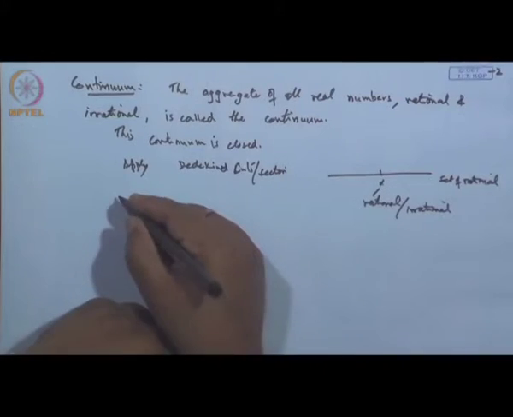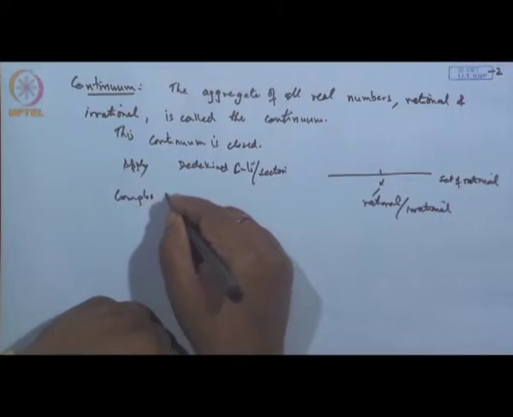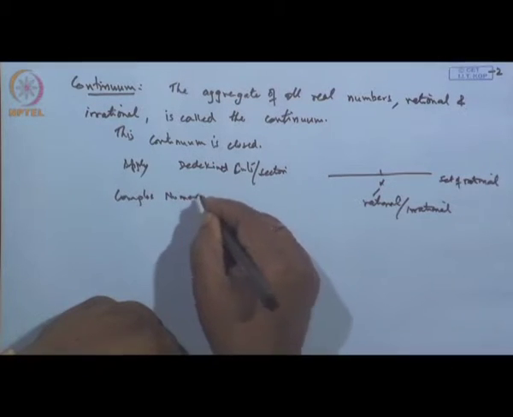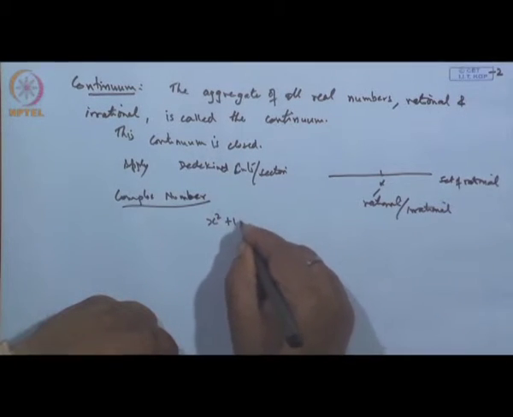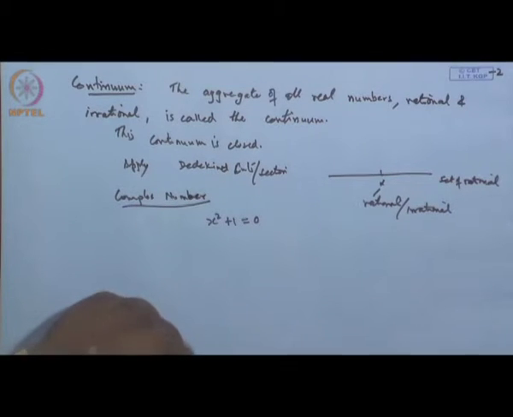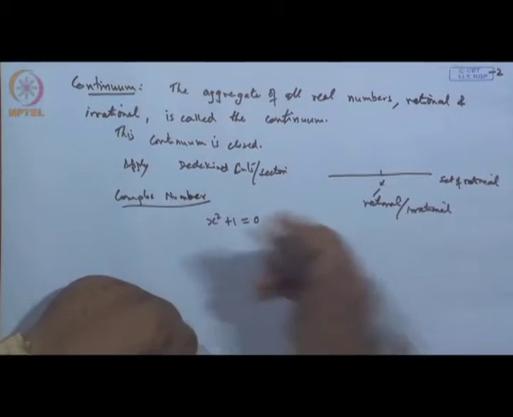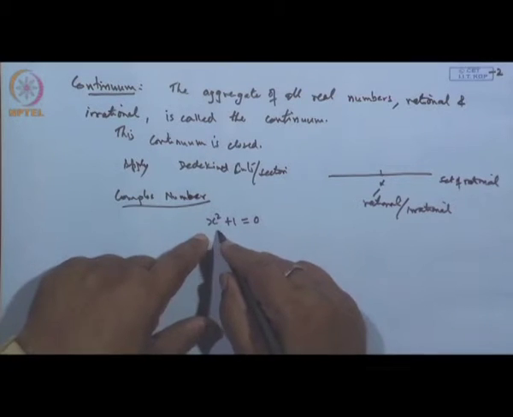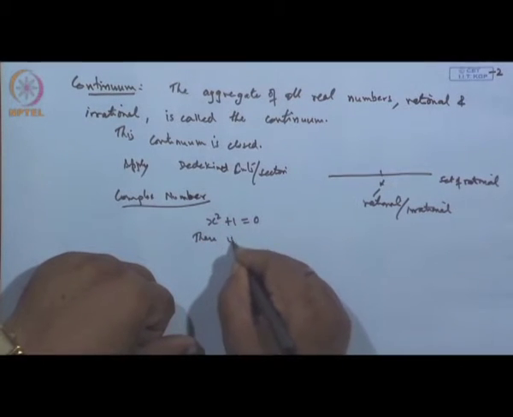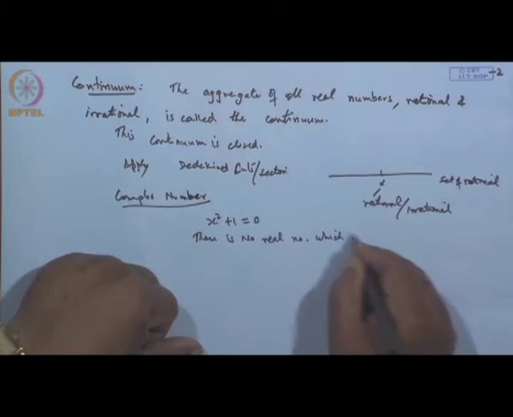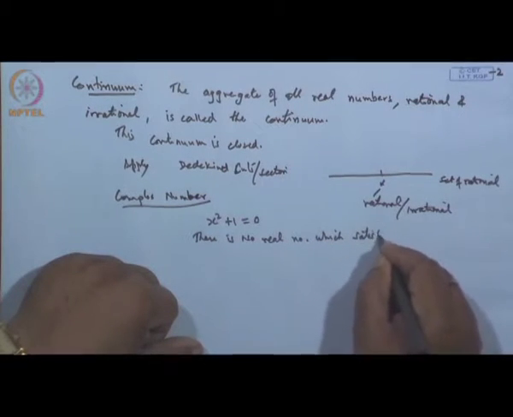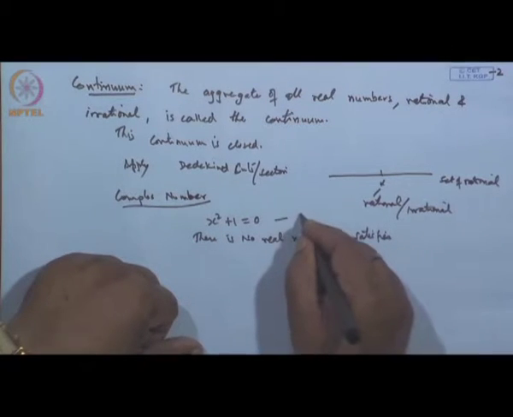The complex number was introduced when we look at the solution of the equation x square plus 1 equals 0. There is no real number which satisfies this equation.